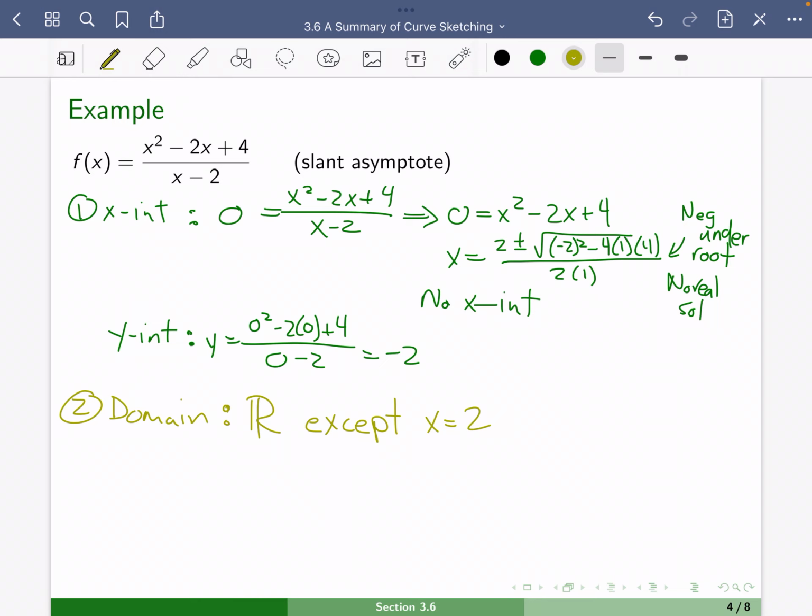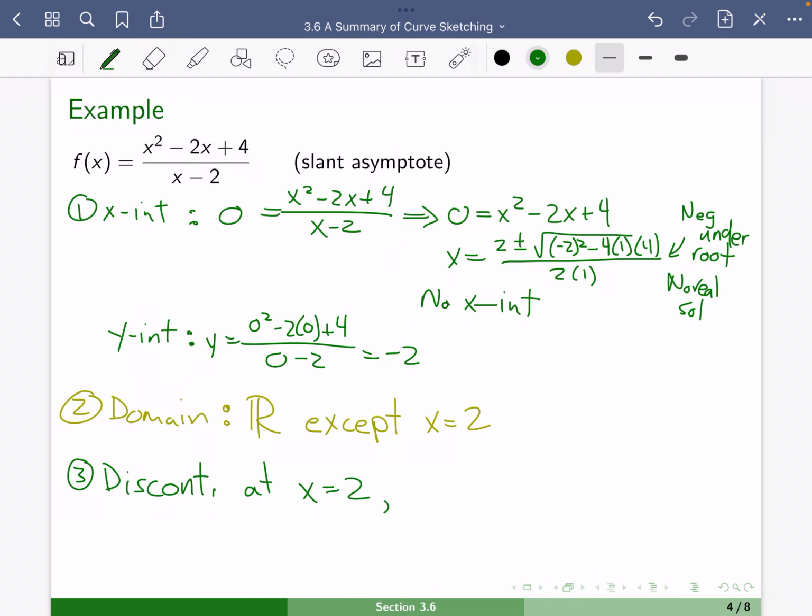And at x equals 2, we have a discontinuity. So it's discontinuous at x equals 2. What type of discontinuity is that going to be?